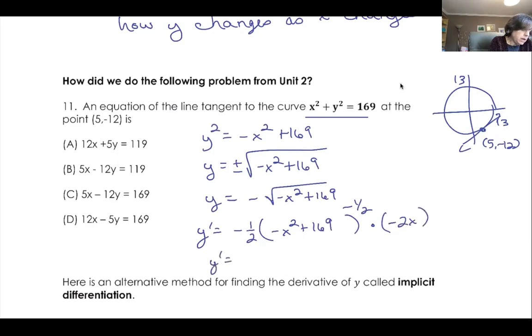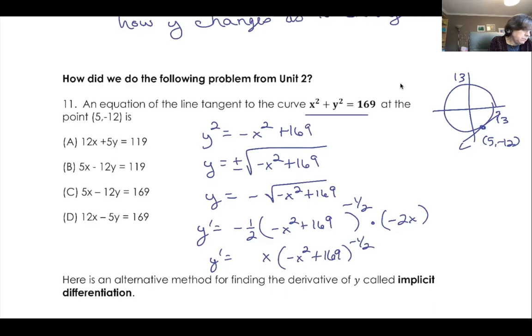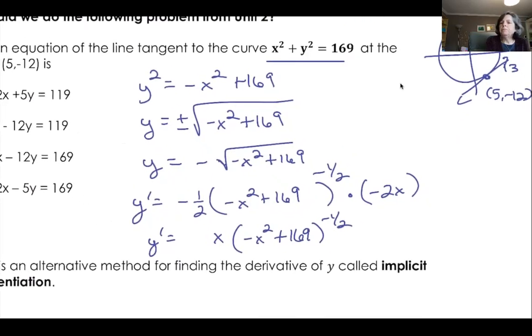So the negative 1/2 and the negative 2 cancel, and I have x times minus x squared plus 169 to the negative 1/2. All right, so then I want the slope at the point x equals 5.